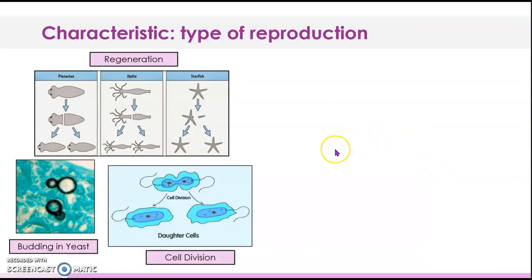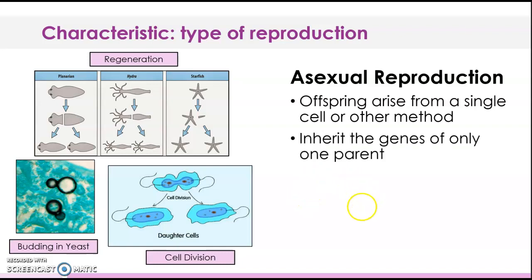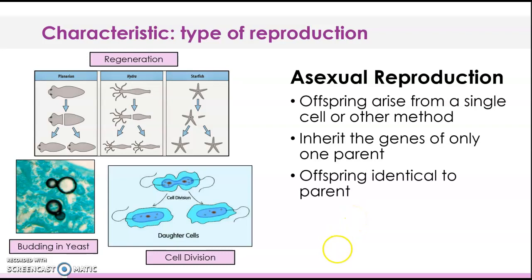Characteristic type of reproduction. Okay, asexual reproduction. Offspring arise from a single cell or other method. It inherits the genes of only one parent. Offspring identical to parent and 100% of parent's DNA.